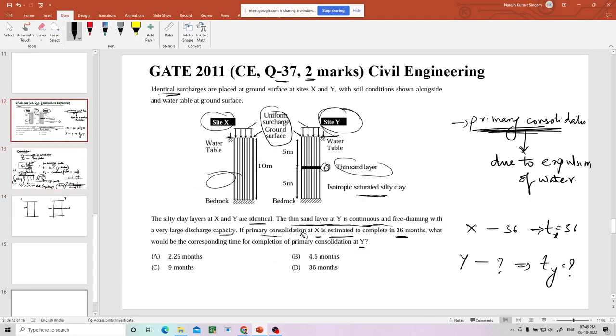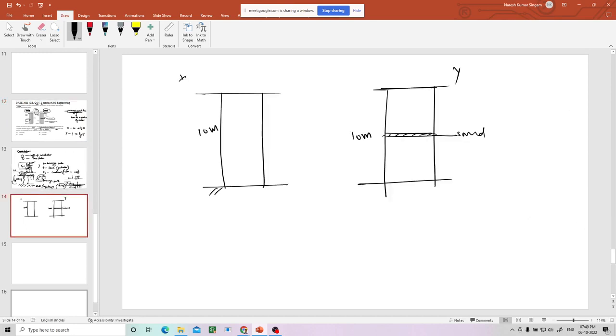Bedrock. There is nothing above ground level, right? So this is bedrock, this is also bedrock. That means impervious. Water cannot percolate in this direction, it cannot happen here also. Only water should travel in this direction.